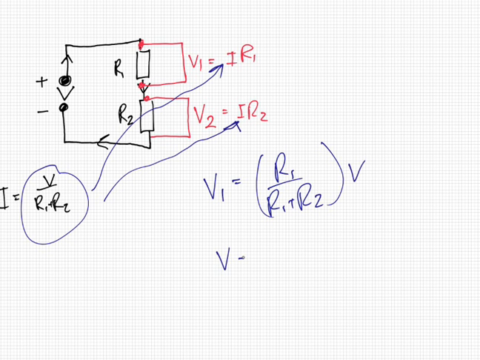And then V2 is R2 over R1 plus R2 multiply V.